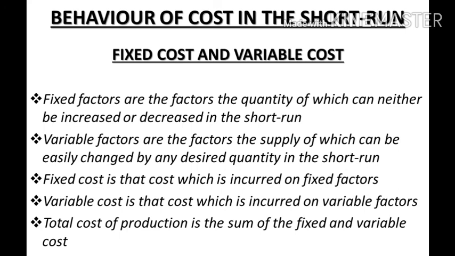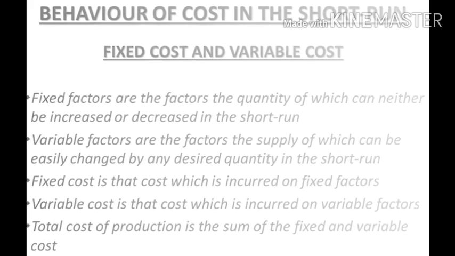So, just as there are concepts of total, average and marginal products as you had seen in the previous chapter, similarly on the same token we have the concept of cost also, that is total, average and marginal cost, and according to that the short run cost can be classified as follows. So, children, you can see the slide. The slide shows the classification of the short run cost curves.